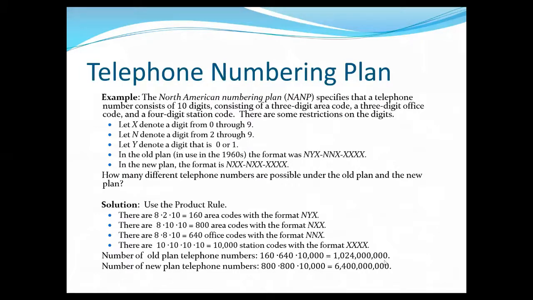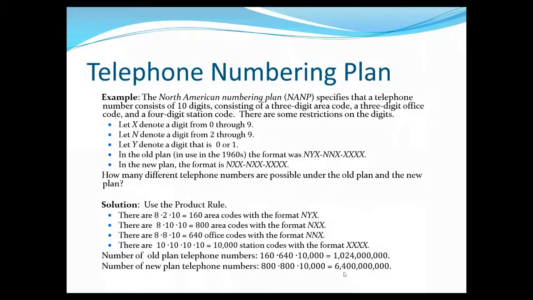The product is 1,024,000,000. So this is the number of telephone lines that could be used in the old plan. For the new plan, we have 800 area codes, times the office codes, still 800, times the number of station codes, which is 10,000.